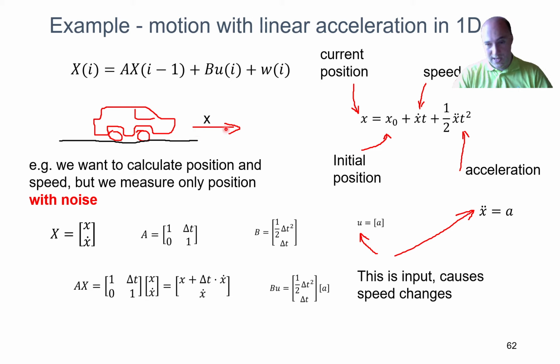So certainly it will depend on the initial position. So for example, I will start from 0 in my coordinate system, so from x0. Then it will depend on speed, and you can see that this is a linear motion. And then it will certainly depend on acceleration.